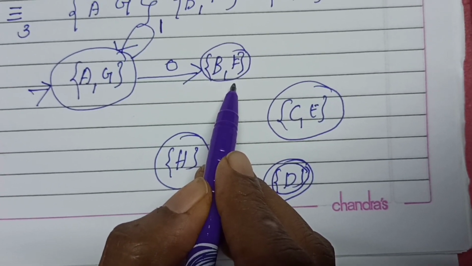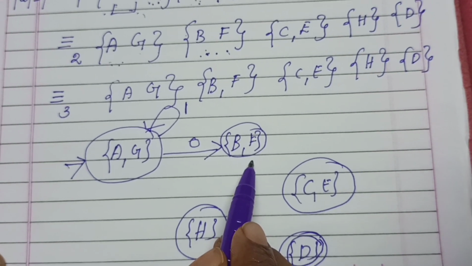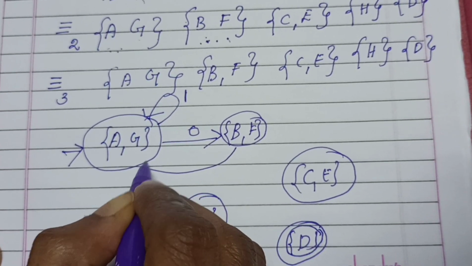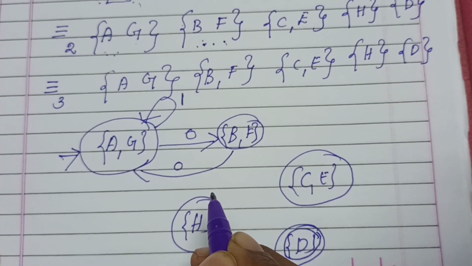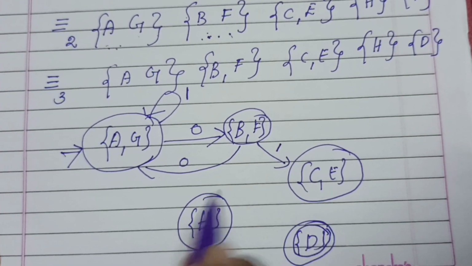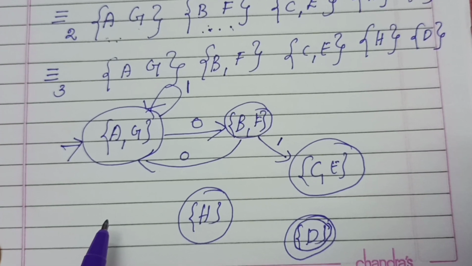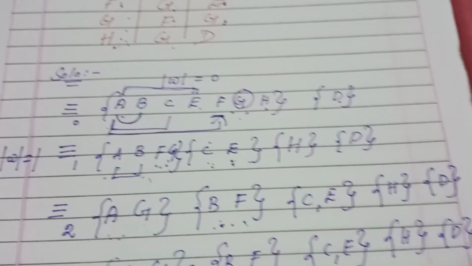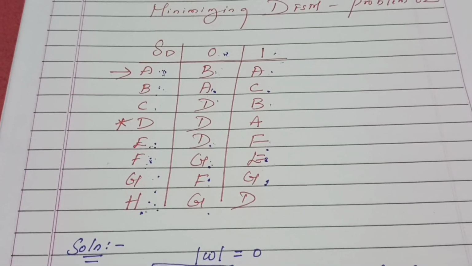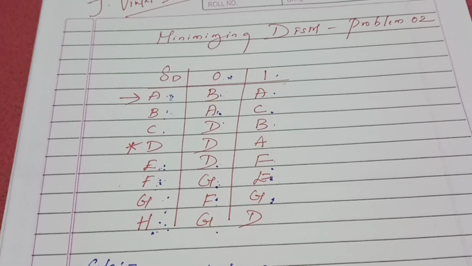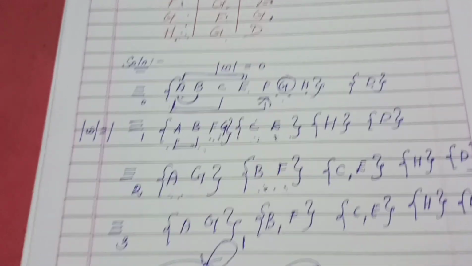B and F on reading 0, it goes to AG. Yes. B and F on reading 1, it goes to C. C and E on reading 0, it goes to D. C and E on reading 1, it goes to BF.